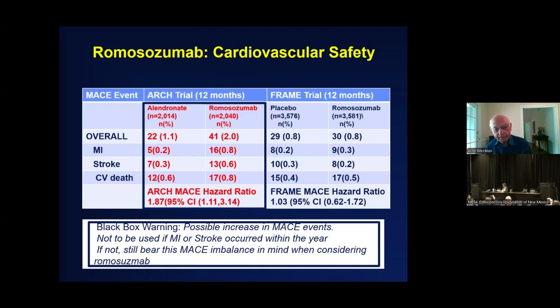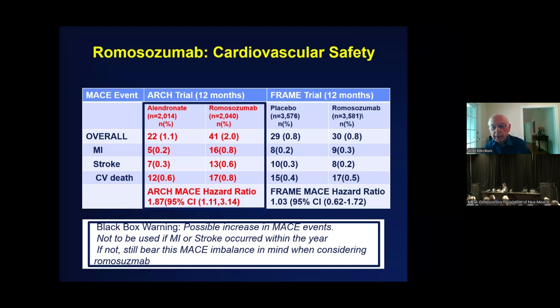Now, safety. This has been a huge discussion, and I'm not going to enlighten anybody on this, but we need to know about the cardiovascular safety data. And there are two beautifully controlled studies, the FRAME study, which was placebo-controlled, and the ARCH study that was head-to-head with alendronate.